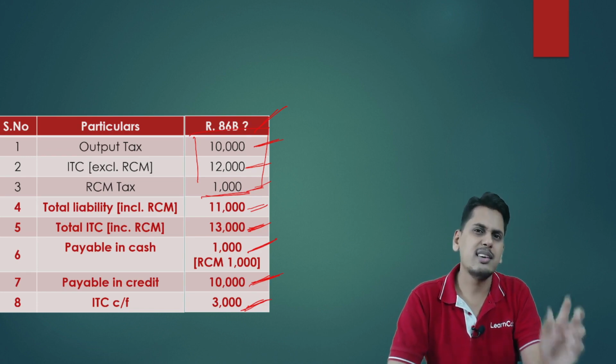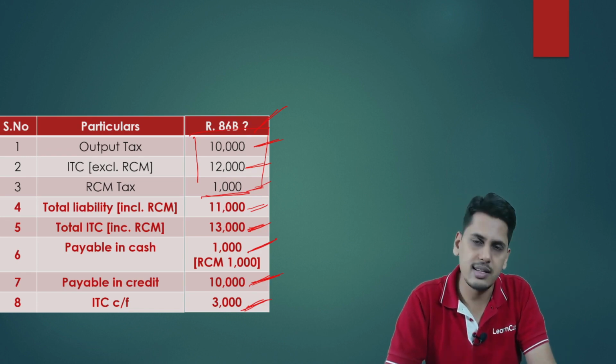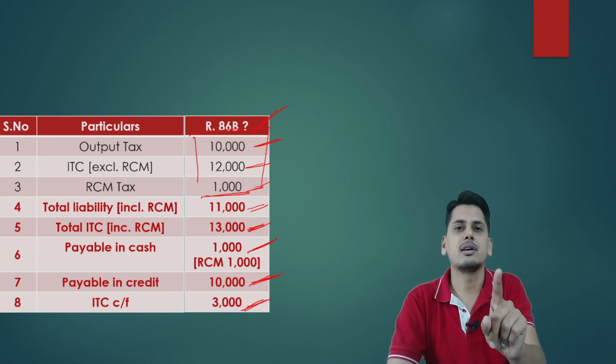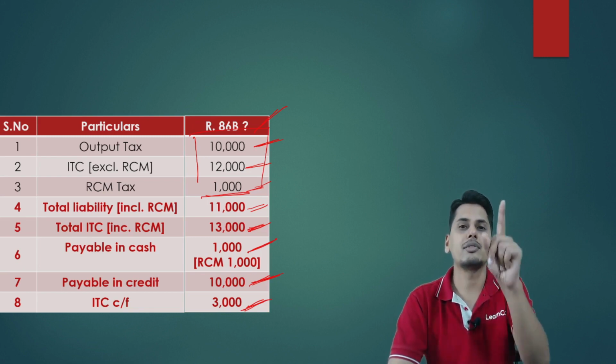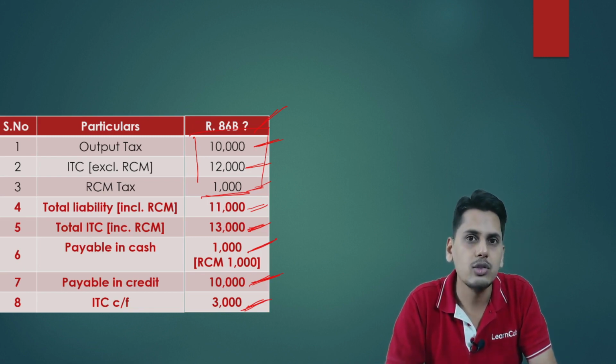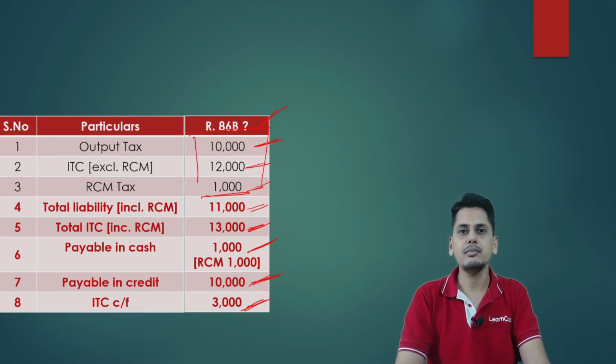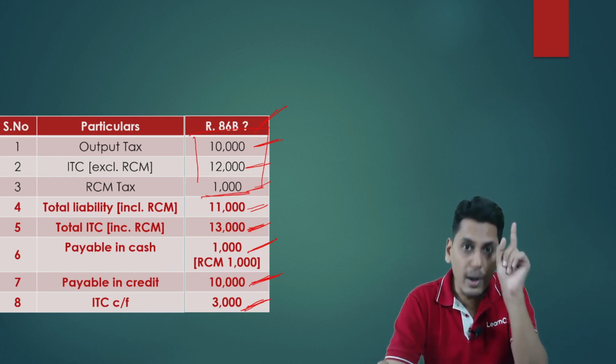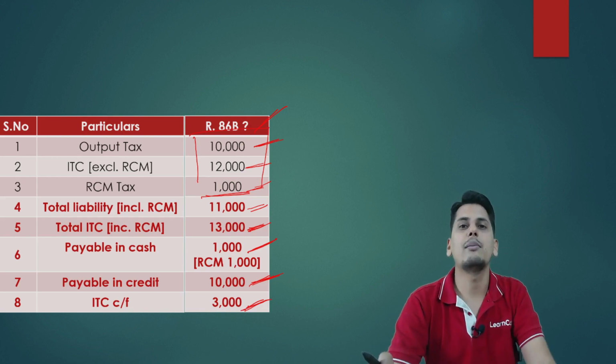So friends, can I rephrase this sentence and say that at least 1% of the total liability needs to be paid through my cash ledger? At least 1% of the total liability needs to be paid through cash ledger.